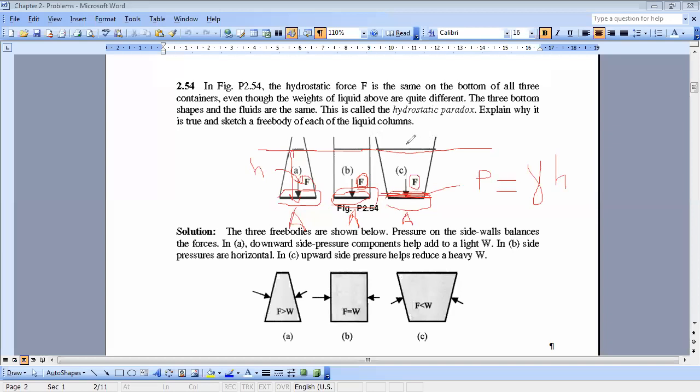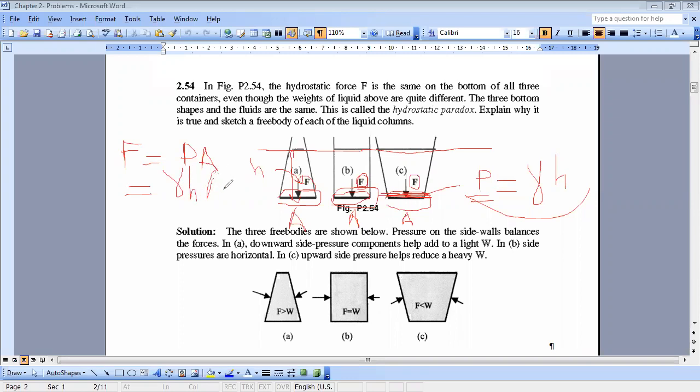Of course, I have atmospheric pressure here, I can add it, but I can consider that it is negligible compared to the pressure exerted by the fluid. So for the three containers, the pressure is the same. And since it's a constant pressure, the force is simply equal to the pressure times the area. So the total force acting on the bottom for the three containers is gamma times H times A.